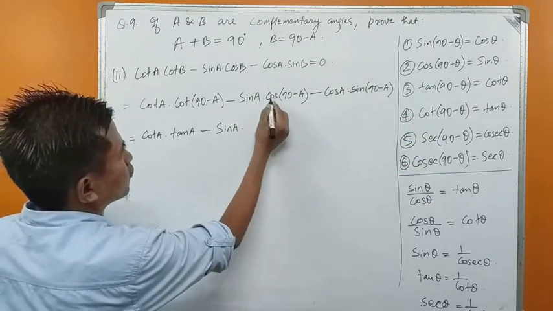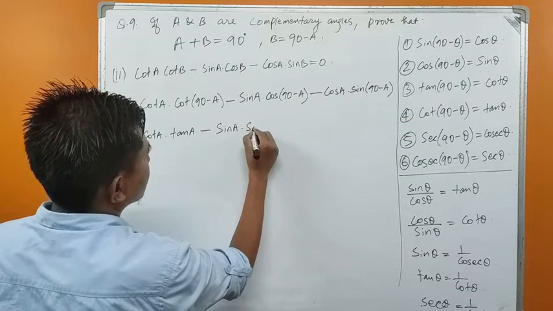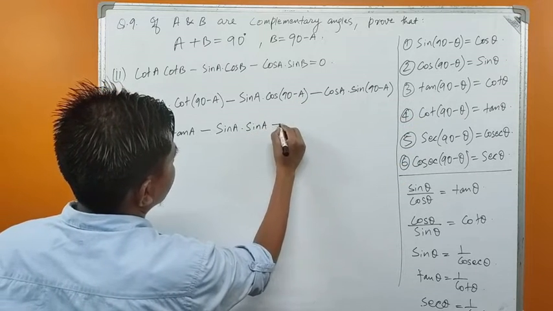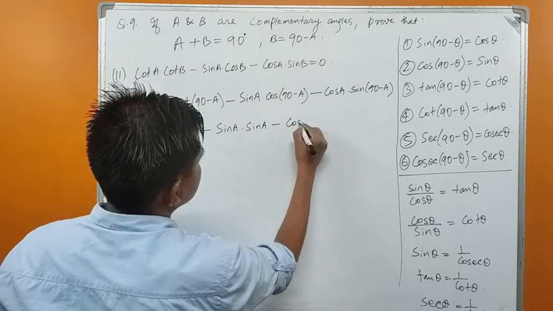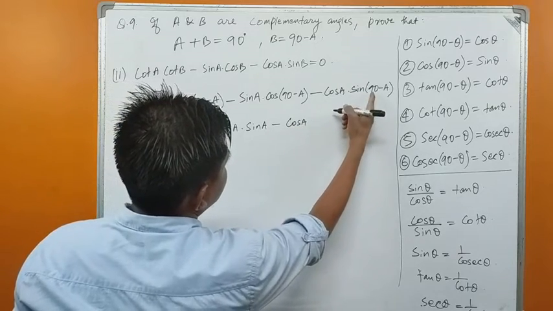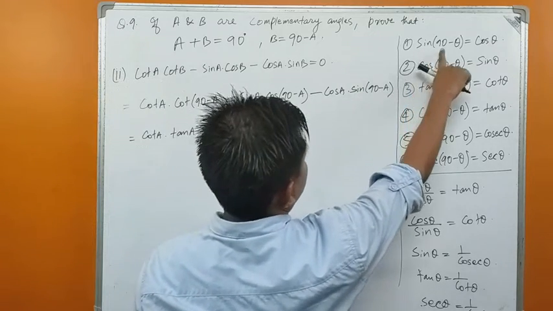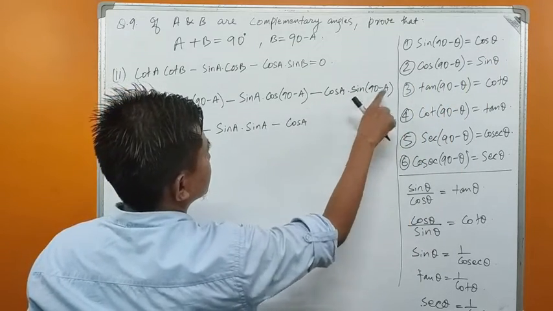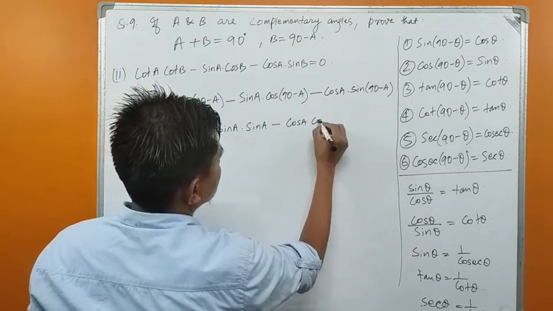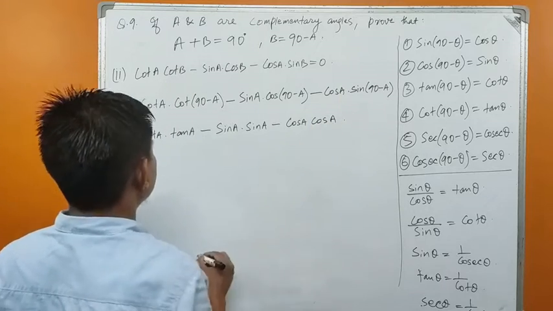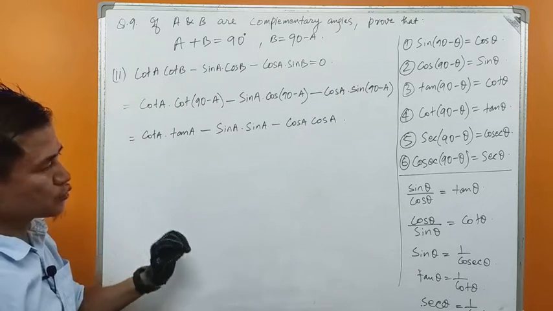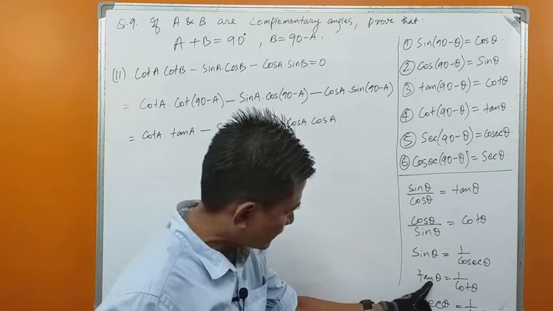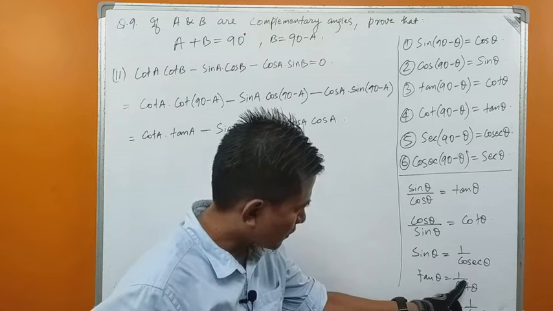So cos 90 minus a is sin a, minus this cos a we copy as it is. Sin 90 minus a is cos theta, isn't it? So sin 90 minus a is cos a.